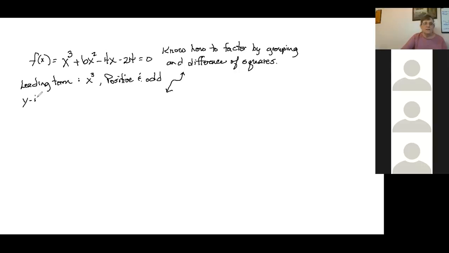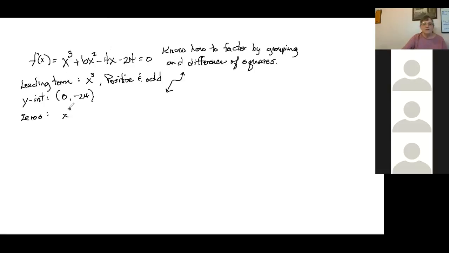The y-intercept is a freebie on this one. It's 0, negative 24, because if I plug 0 in for x, it's going to wipe all these out and leave me the negative 24. But to get the zeros, I've got to factor this.